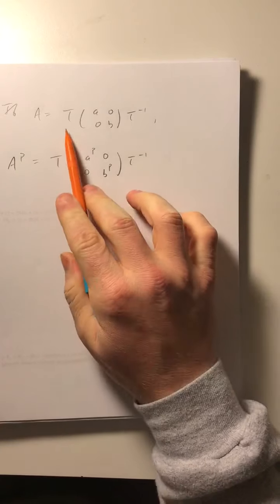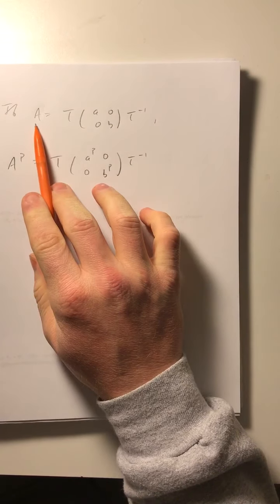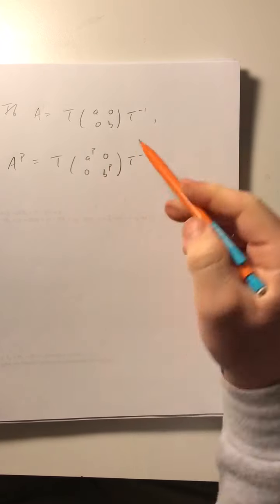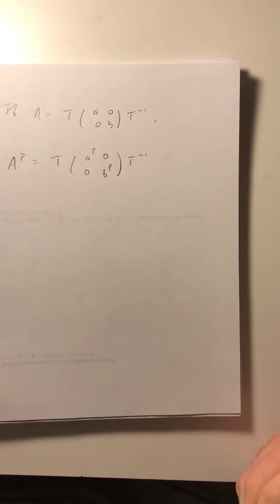So if I know what T is, and I know what A and B are, then I can raise this matrix A to the power P, and I don't actually have to multiply anything by T to go from here to here. The T inverse are just hanging out.